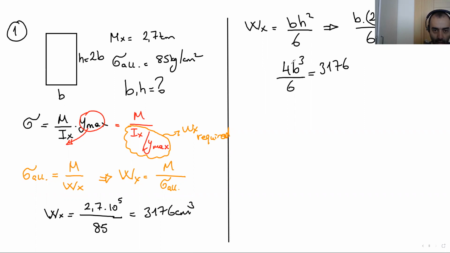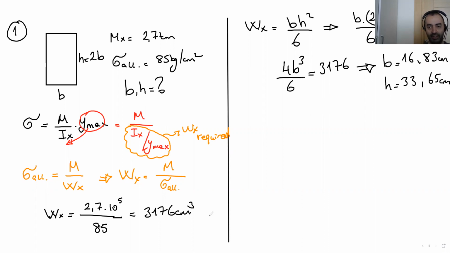Here, there is only one unknown, as you can see, which is b. So from here, you can calculate b and h. As you can see, b is 16.83.